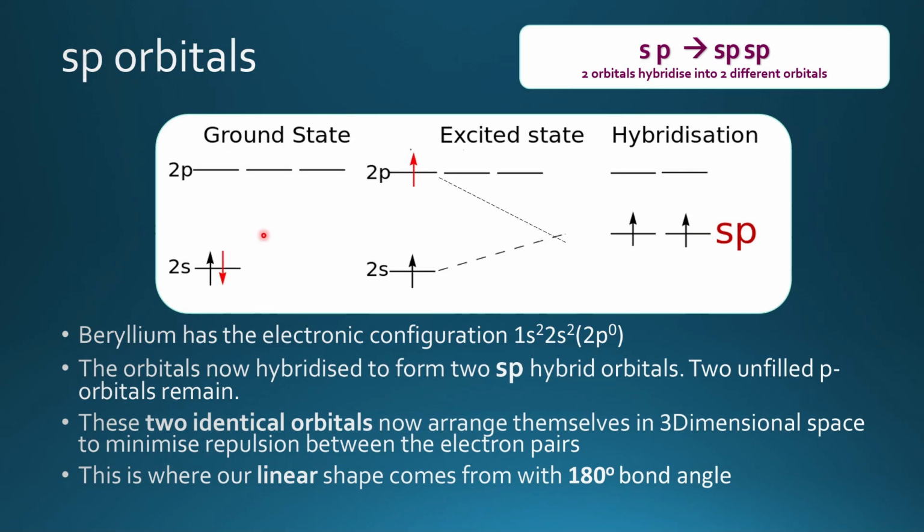Now the last one is the sp orbital. One example is beryllium, where we just have one s and one p. Okay, so it's basically the same thing, but with a bond angle of 180 degrees in this case, which is linear.